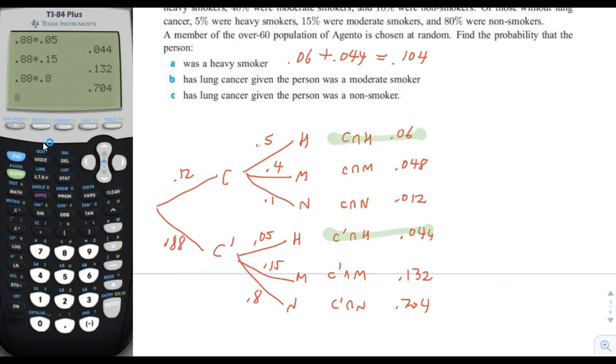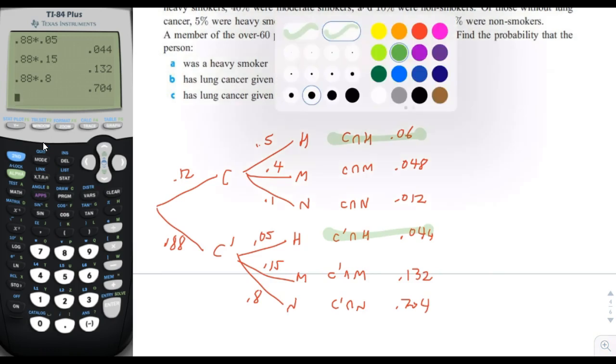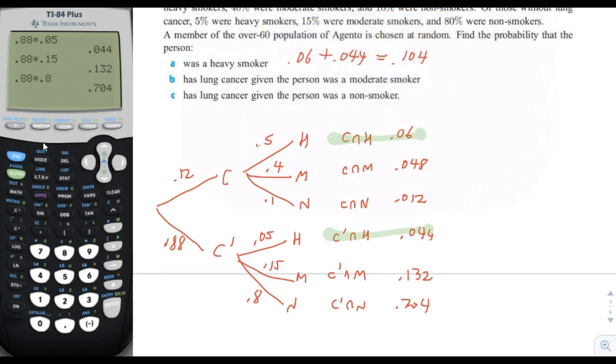Has lung cancer given that the person was a moderate smoker. So given that the person was a moderate smoker means here and here, that would be the denominator. And the numerator would be lung cancer intersected with moderate smoker, which would be this. So in the numerator, I would have 0.048. In the denominator, I would have 0.048 plus 0.132. So let's see what that is.